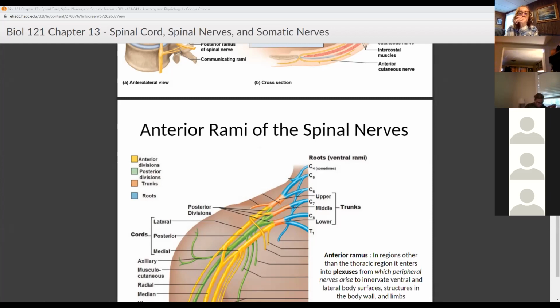Okay, there it is. Let's see if I can zoom in on this. Let me try just doing it again. I want to see if I can enlarge this for you. Maybe not. Oh, here.